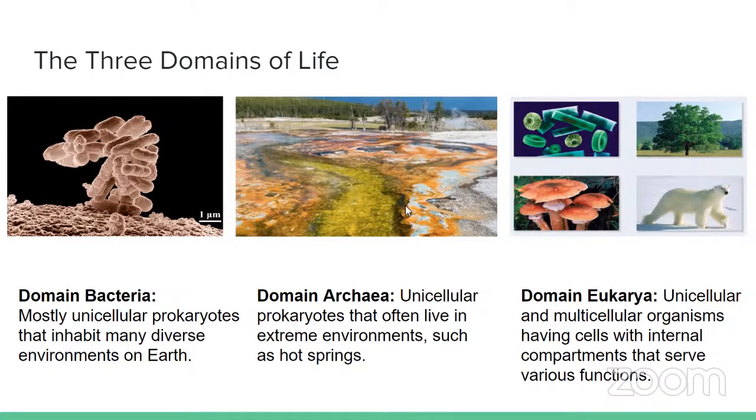And finally, we have our domain eukarya, and we talked about the evolution of eukaryotes. So eukaryotes can be either unicellular or multicellular, but one of the main differences is that we're going to have membrane-bound organelles. So we have these internal compartments with specialized function. So specifically, our mitochondria for producing lots of ATP and chloroplasts for photosynthesis.